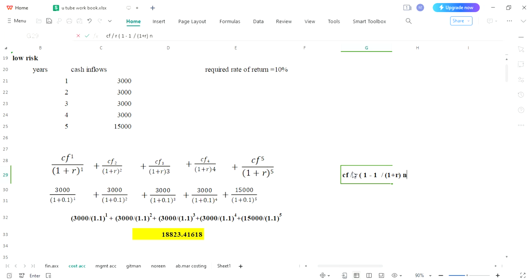This is raised to power, and we are going to make it superscript to show it as our power.